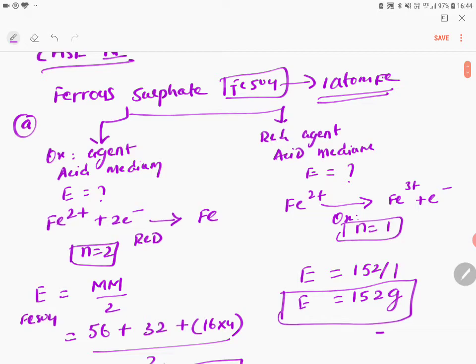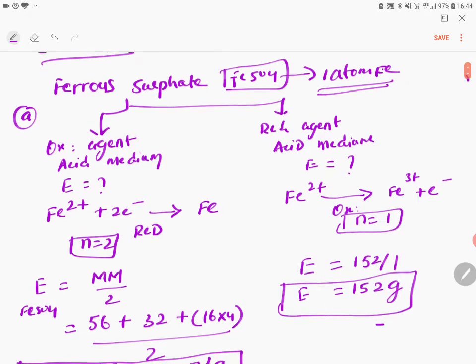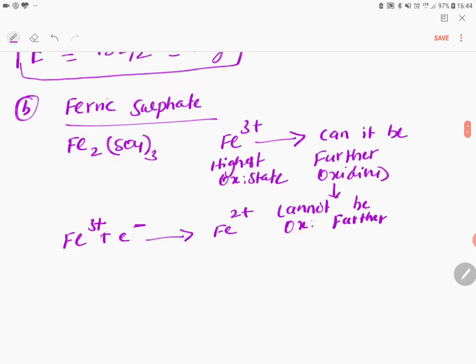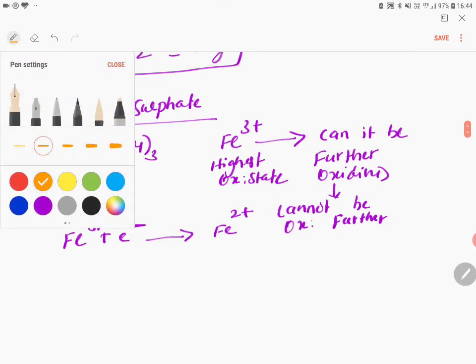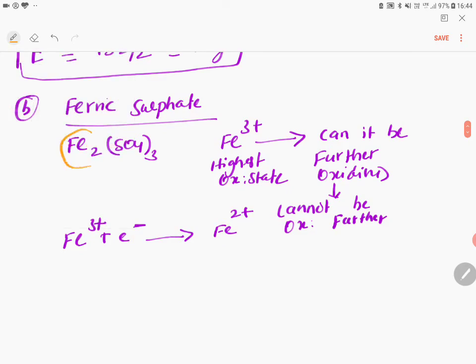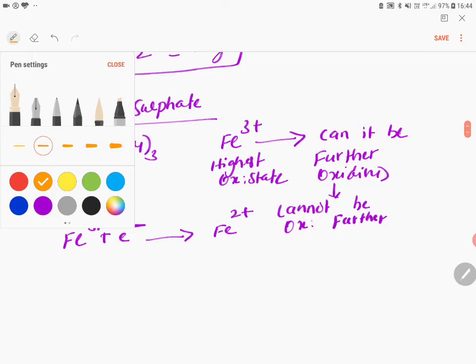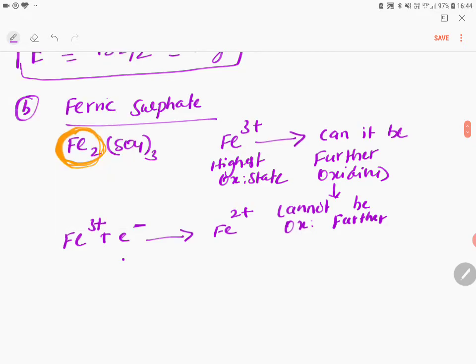But when you come to ferric sulfate, very clearly the formula says that you are having two iron atoms. This is the eye opener for you. If you don't see this, you are gone, because n factor will change. So for 2 iron, you will balance the iron atom first.